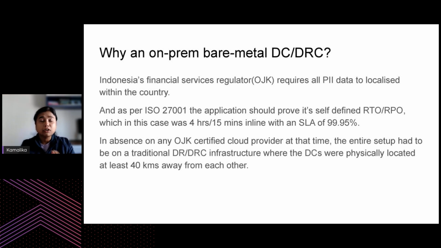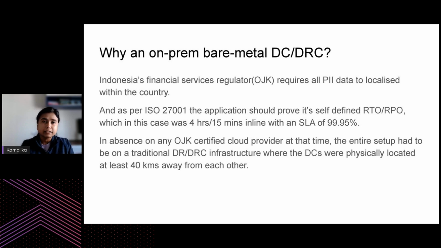And they also had an SLA defined of 99.95%. At that time, there was no certified cloud provider available in Indonesia which can meet the financial services regulator or OJK requirement. So the entire setup had to be done on a traditional data center and data recovery center, as we used to do in the good old days or pre-cloud days.